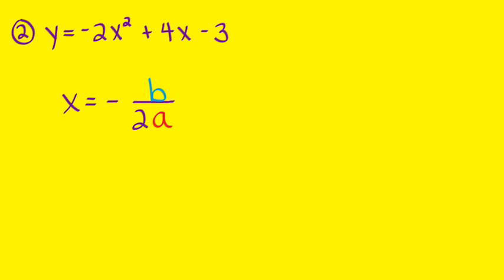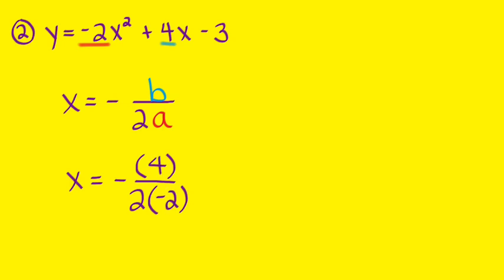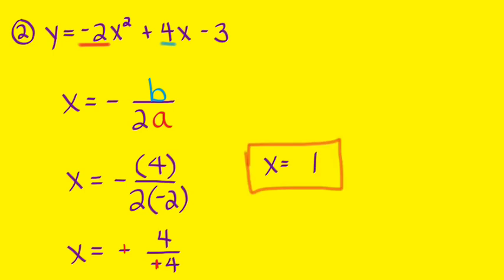So -b over 2a. Our b value is 4 and our a value is -2. Now, we learned in our last lesson that -2 means that it's going downwards, right? So we know that it's going to be a -b, which is 4, over 2 times -2. So then we'll have -4 over -4, which is +1.